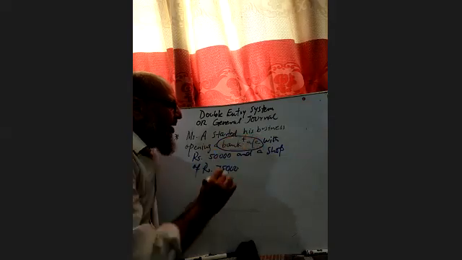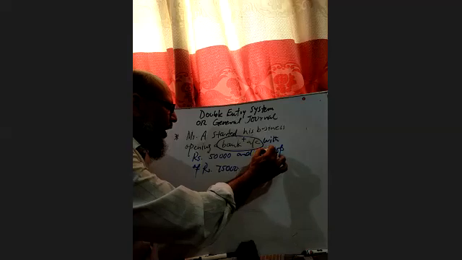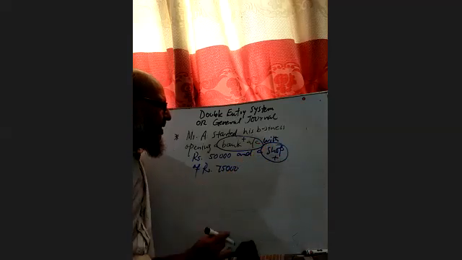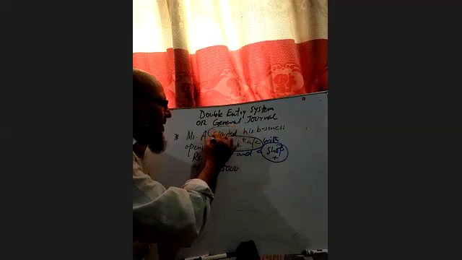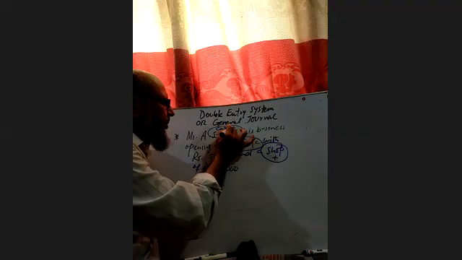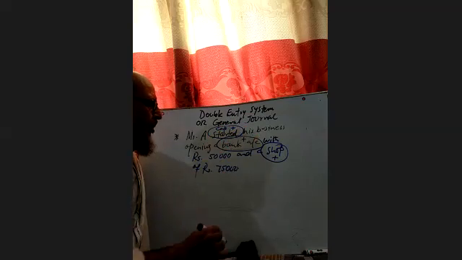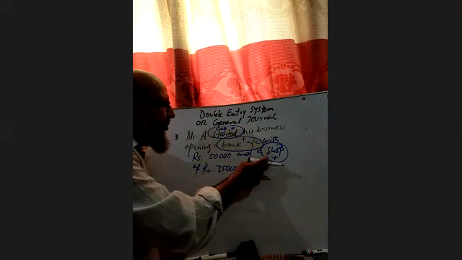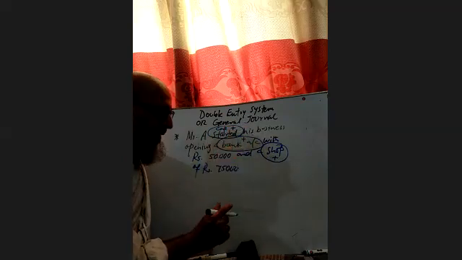Bank account has been increased, introduced a shop, increased, and started business, that is your capital increased. Increase in assets is debited and increase in capital is credited.